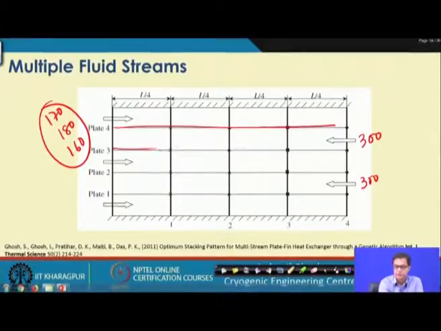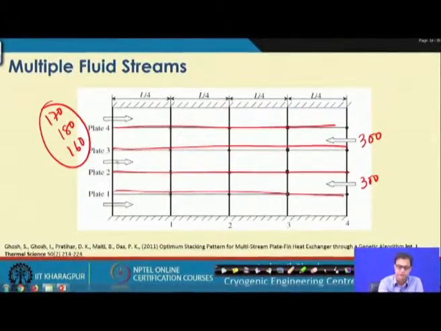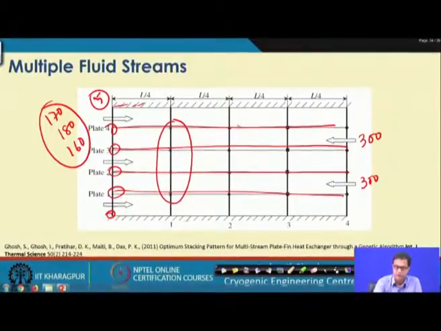This was plate 1, 2, 3, 4, and these plate numbers we have designated as plate 1, plate 2, plate 3, and plate 4, because these plate numbers are equally important. And this is plate 0, of course insulated, and this is plate 5, again insulated, but we are mostly concerned about these plate temperatures.